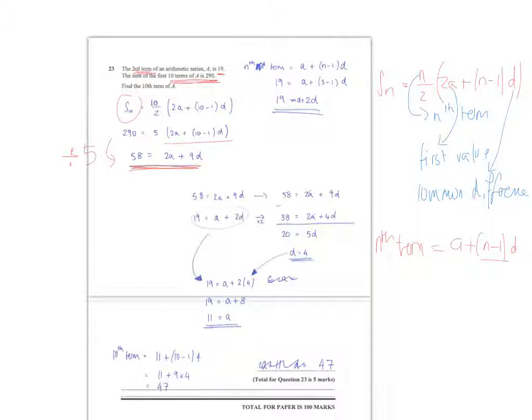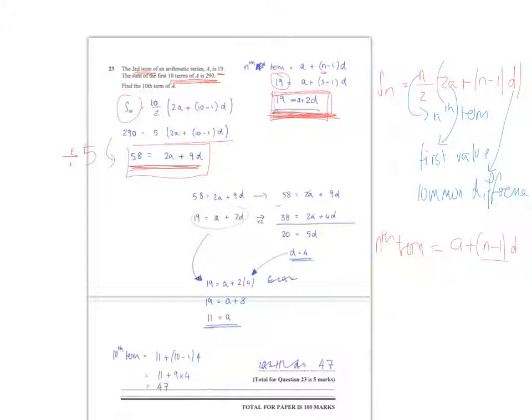Now if we consider that the third term of the series is 19, the first term I don't know, but I know the term number I'm looking for is the third one. So 3 minus 1, which is 2, so I know another formula, 19 equals a plus 2d. I've got actually two equations, two linear equations.